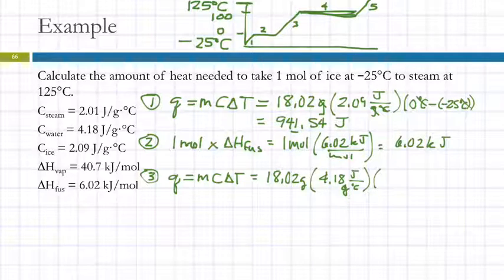And then what's the temperature change for line 3? It's going from 0 to 100. So it's 100, the final temperature, minus the initial temperature. So I'm getting 7532.3 kilojoules.